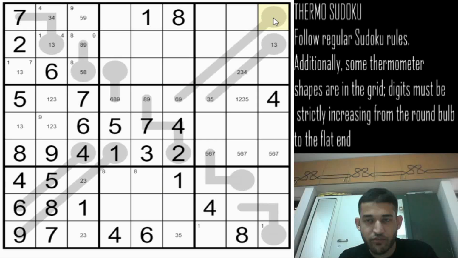It cannot be 1, 4, 7, 8 and 9, it can only be 2, 3, 5 or 6. So this will be 3, 4, 5, 6 and 7, and this cannot be a 4, so this will be 5, 6, 7 and 8, and cannot be a 6 as well because 6 is in row 3, so this will be 5, 7 and 8.